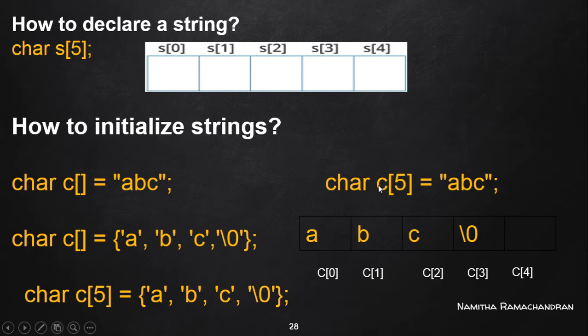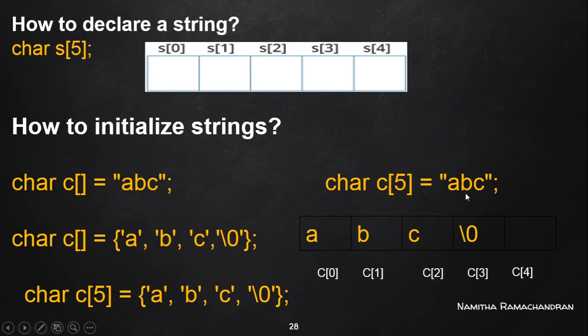Another format is like this. Here the size is specified directly, but here the size is filled automatically with the size of the characters present here. And we also need to count the presence of the null character at the end of this string.